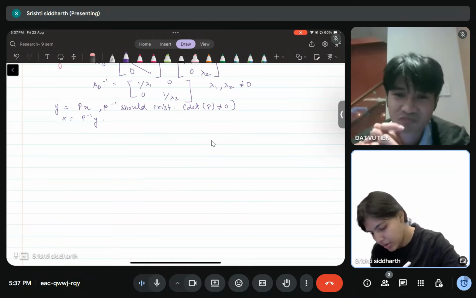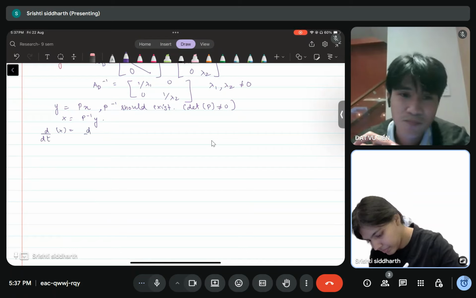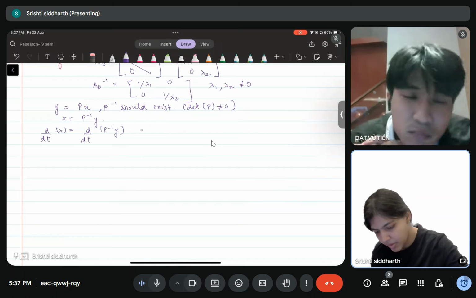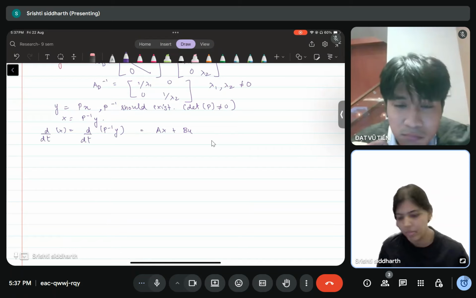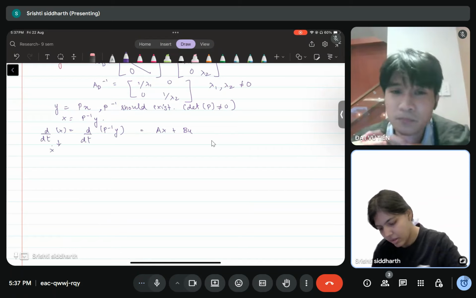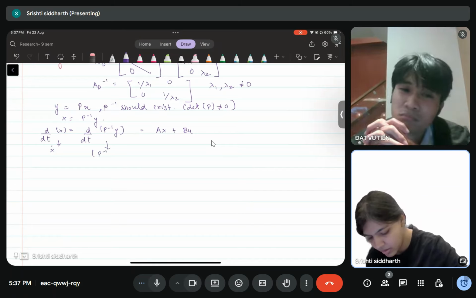Now if we differentiate both sides, this must be Ax plus Bu, because this is x dot, and we're considering that P inverse is time independent.